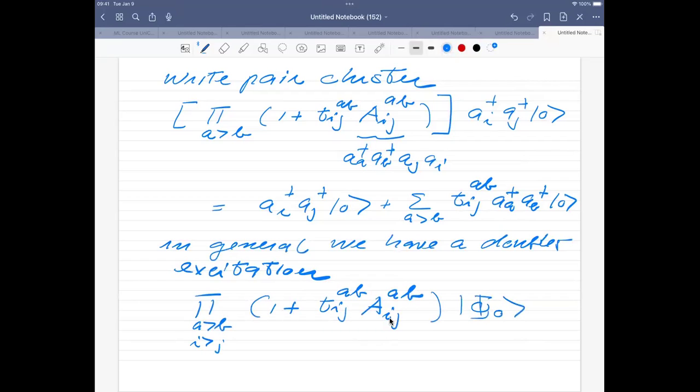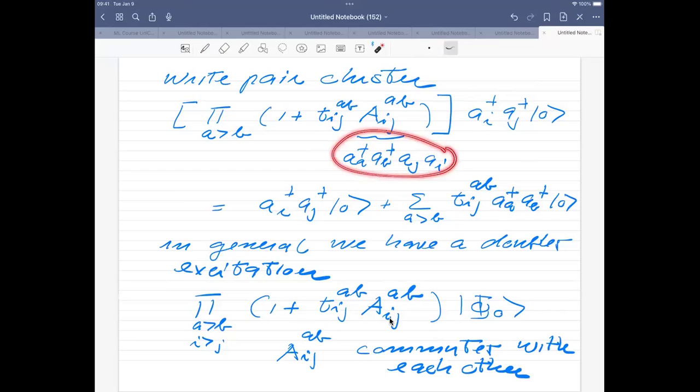Now, these operators A_ij^ab commute with other such operators, and they commute with themselves. So these pair clusters which we have discussed do account for most of the two-fermion interaction contributions to the energies.